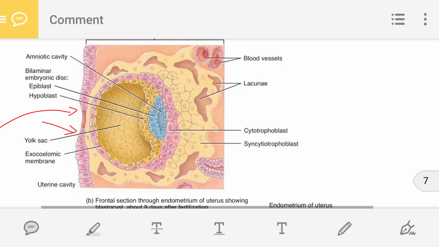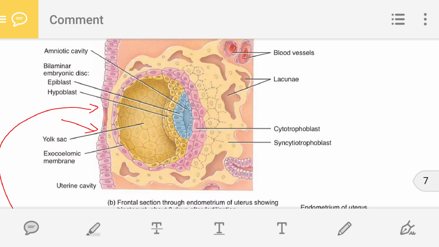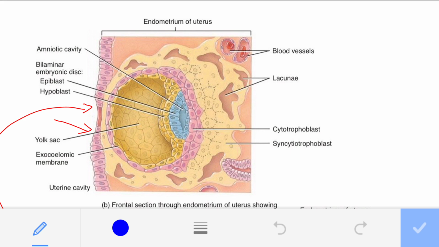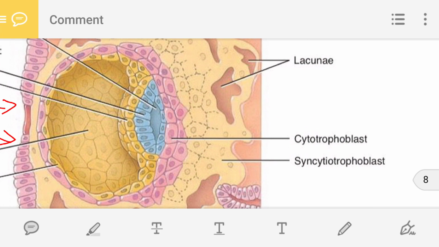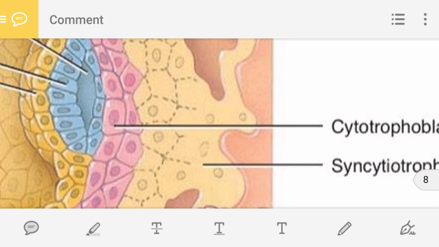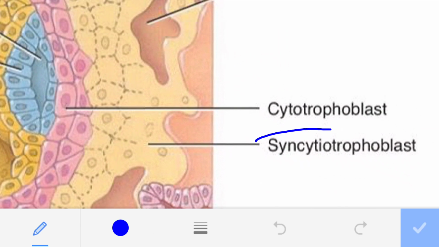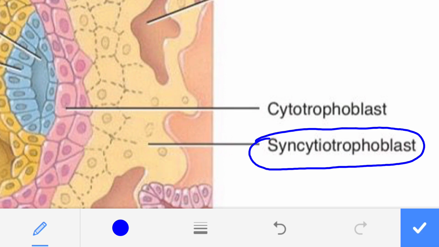For example, over here you will get the better view. So here, as you can see, closely observe the cell, the syncytiotrophoblast. Now you see this is the plasma membrane and it is going to rupture.